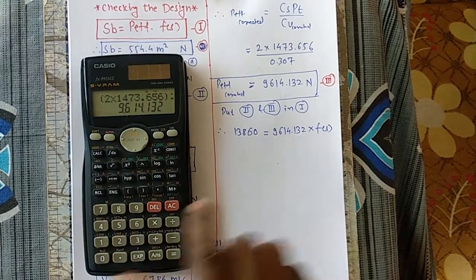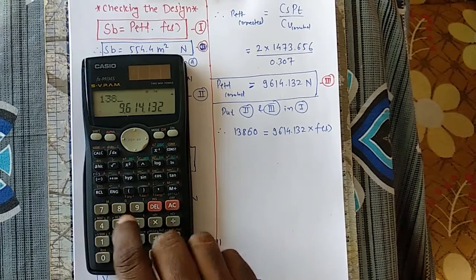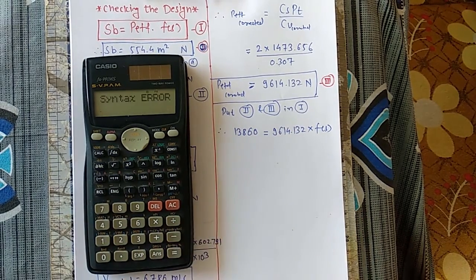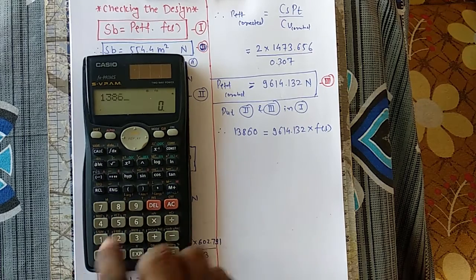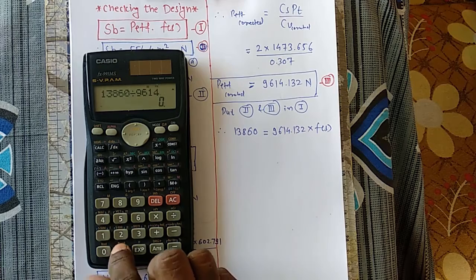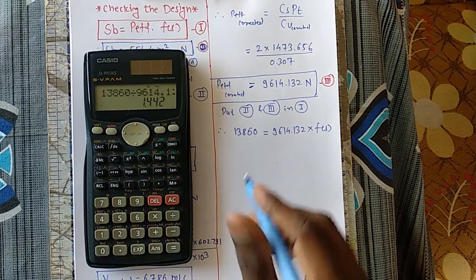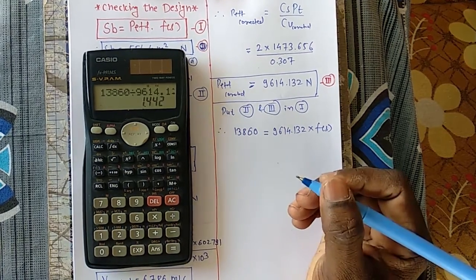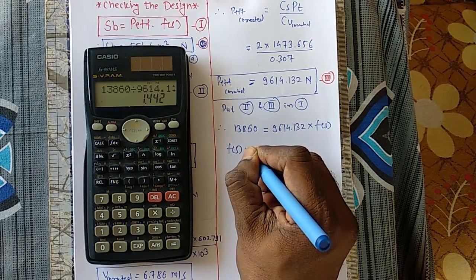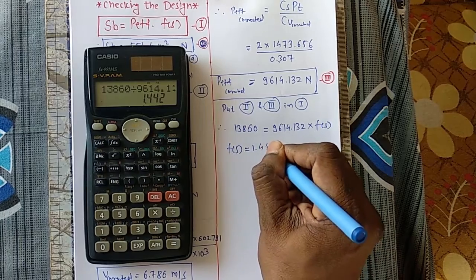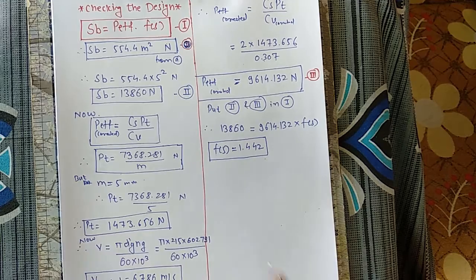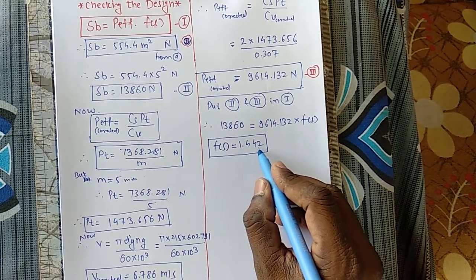So I type 13860 divided by 9614.132. The factor of safety which we got is 1.442.